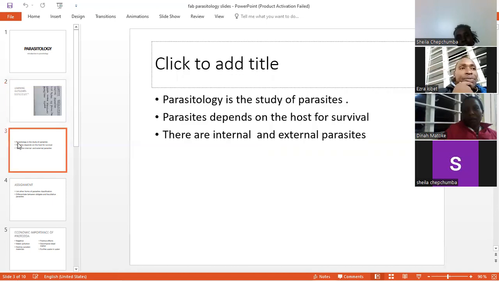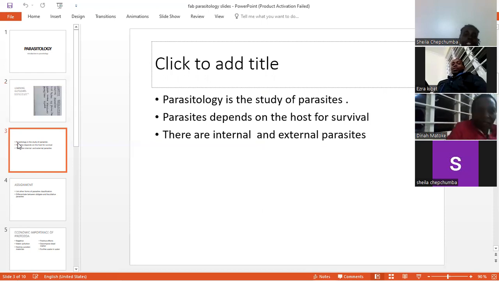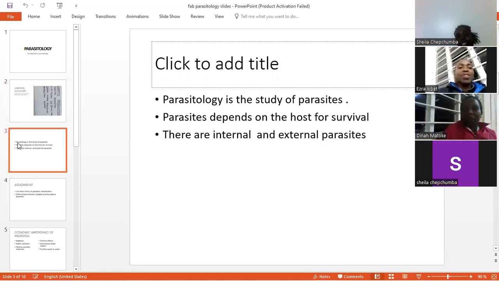So, class, as he has told us, a parasite refers to an organism that depends on another for survival. So now in that case, parasitology is the study of parasites. So here we learn how a parasite depends on a host for survival.